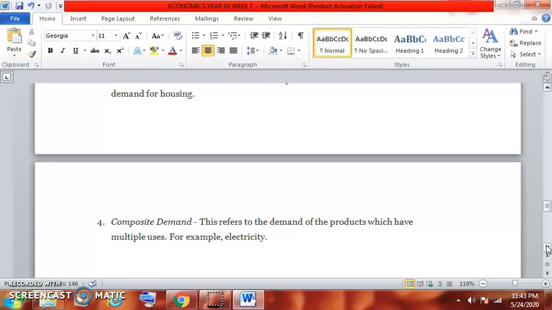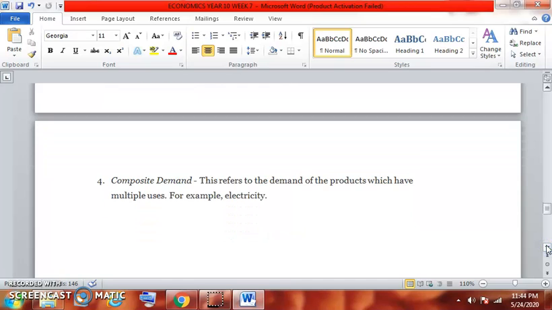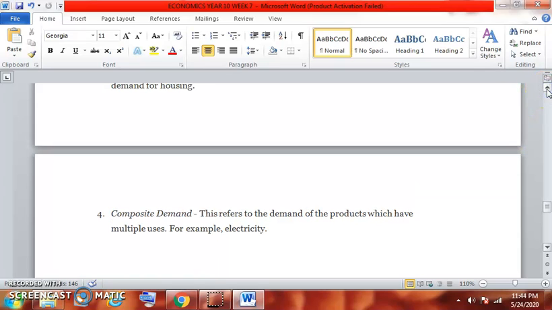Composite demand. This refers to the demand of a product which has multiple uses. There are some products that have several uses. Example, electricity, wood.